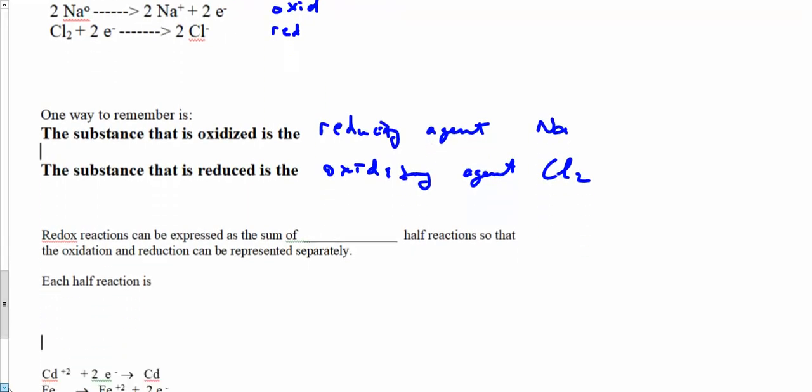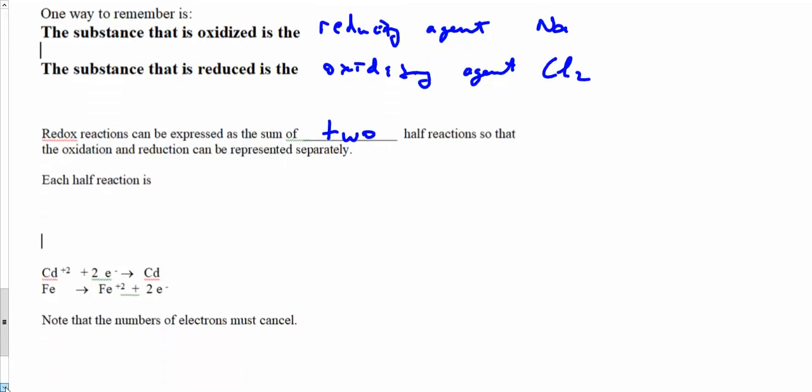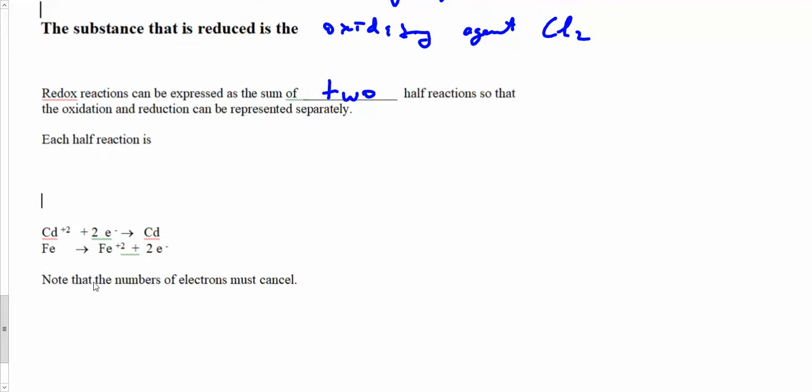So as you saw in this example we just did, redox reactions can be expressed as the sum of two half reactions, so that we can look at those two things separately, what's happening. Each half reaction is balanced for atoms and charge.